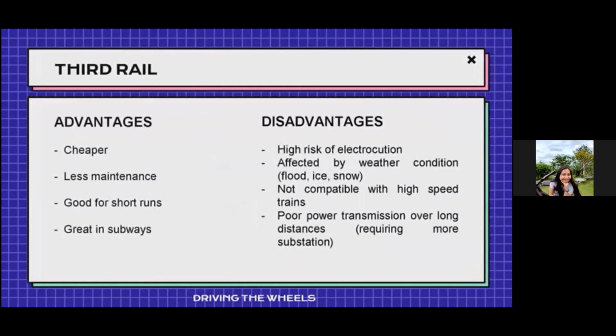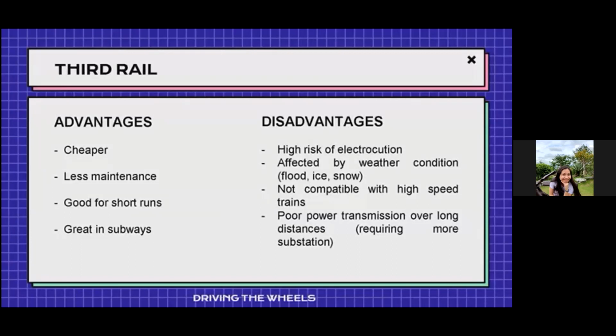So ano nga ba yung mas maganda? Third rail o yung overhead? Sinama ko na rin dito sa report ko yung mga advantage at disadvantages ng bawat isa para hindi na magtatanong mamaya. Sa third rail, advantages nito ay mas mura siya, less maintenance, good for short runs at suitable siya para sa mga subways.